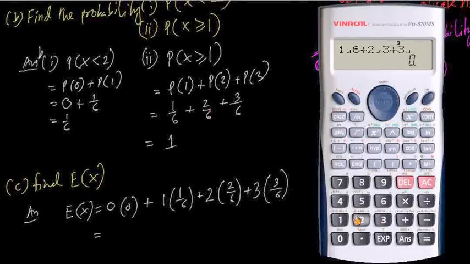Now you might ask the question, why is the expected value 7 by 3, meaning 2.3? How can the probability be more than 1? Because probability is 100%, 2.3 means 230 percent. Well, it's very simple, because expected value is not the probability, it is the mean value of the random variable.